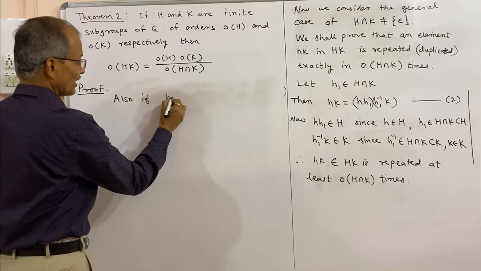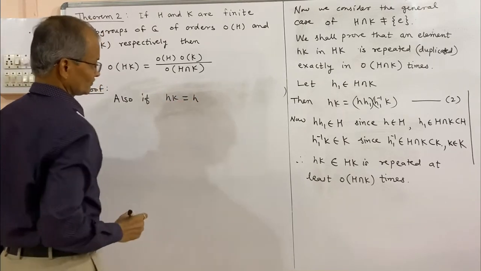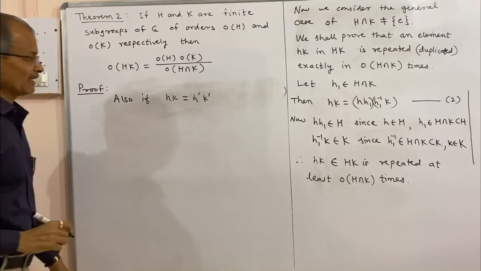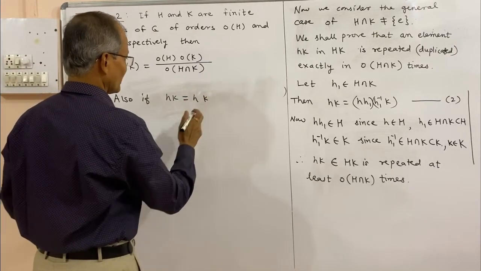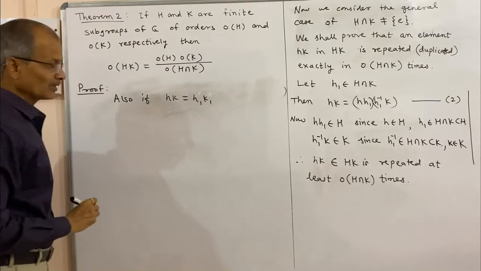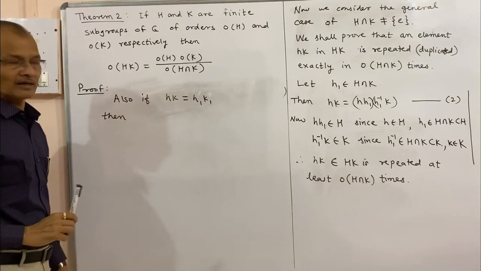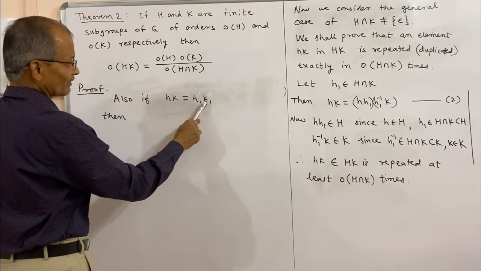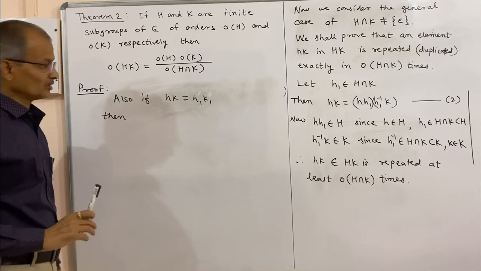Also, if HK is equal to H dash K dash, or we may consider instead of H dash K dash, H1 K1. If HK is equal to H1 K1, then as in the earlier case, we post multiply by K1 inverse and we pre multiply by H inverse.